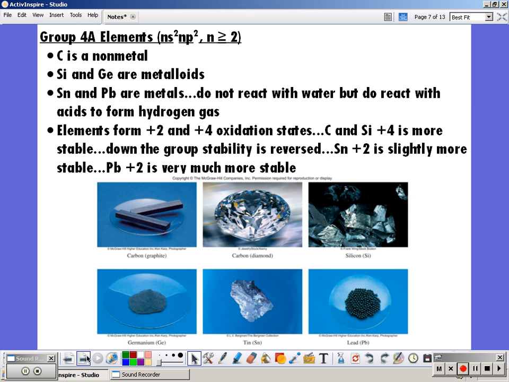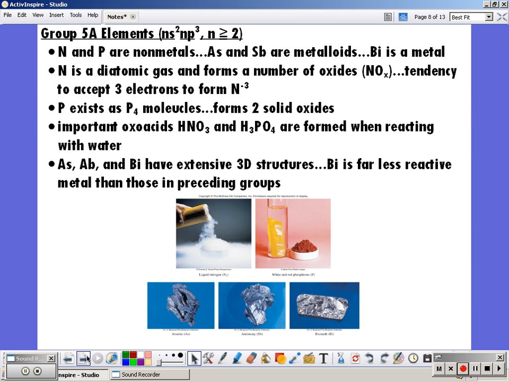Group 15, now we have nitrogen and phosphorus, which are nonmetals, arsenic and antimony, which are metalloids, and bismuth, which is a metal. Nitrogen is a diatomic. It can form many oxides, so you can have NO2, NO3, N2O4, and we refer to those as NOx, N-O-X, where we can have X being any type of subscript.